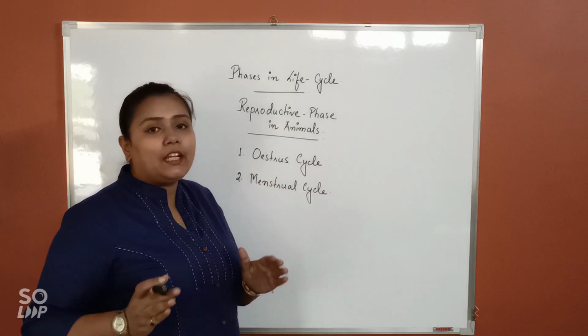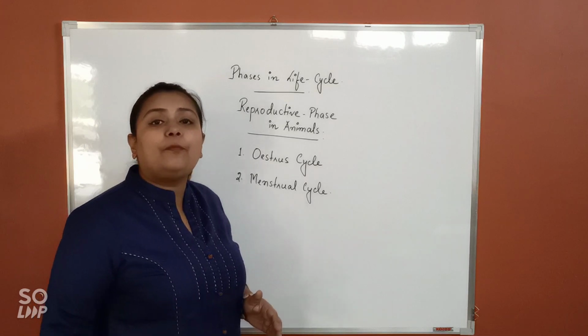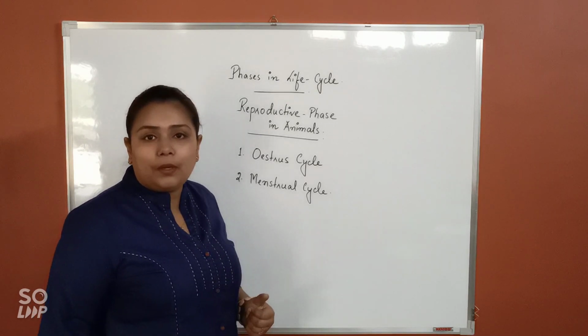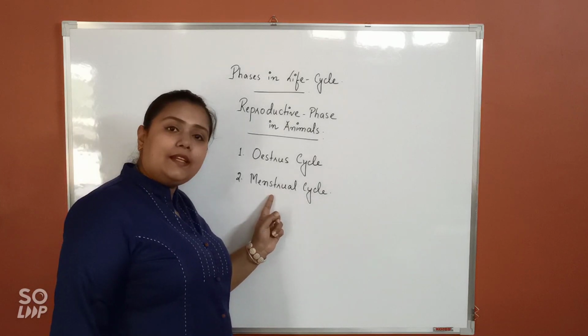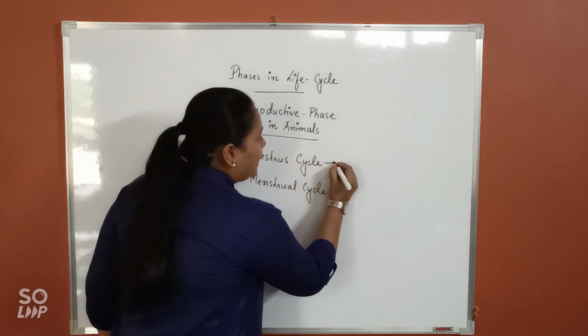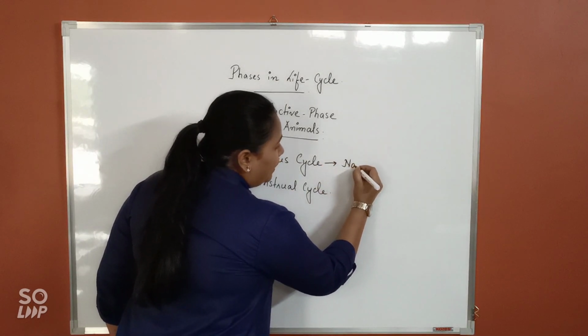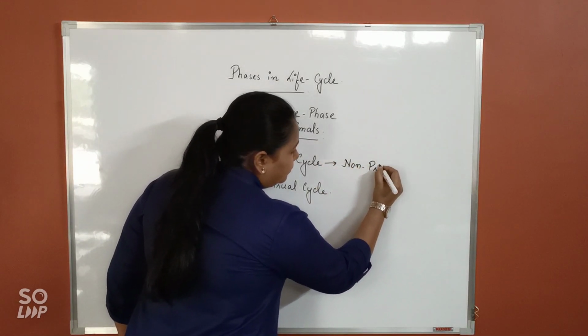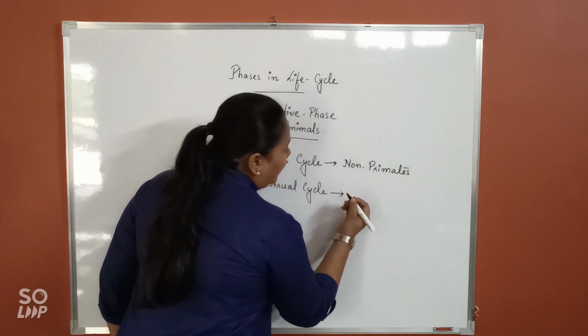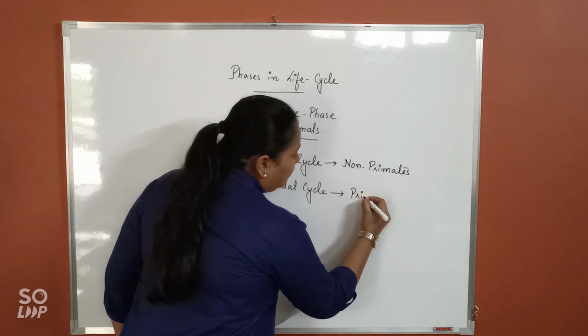But the same cyclical change occurring in primates like monkeys, apes, including human beings, will be considered the menstrual cycle. Understood that? So this happens in non-primates, and this occurs in primates.